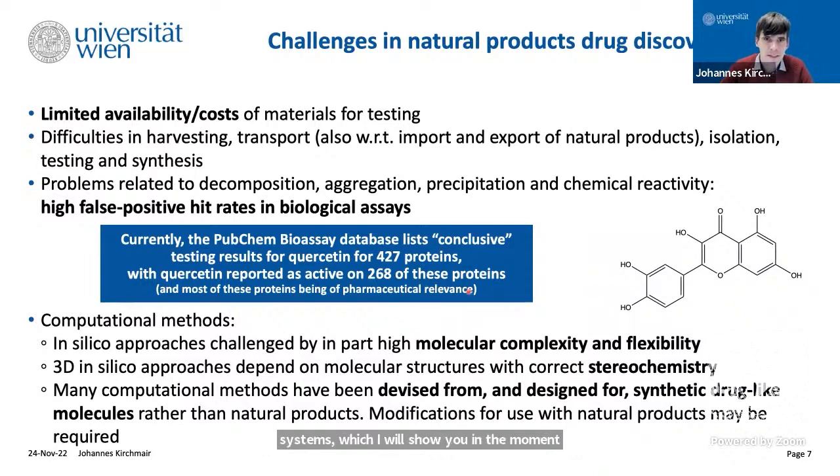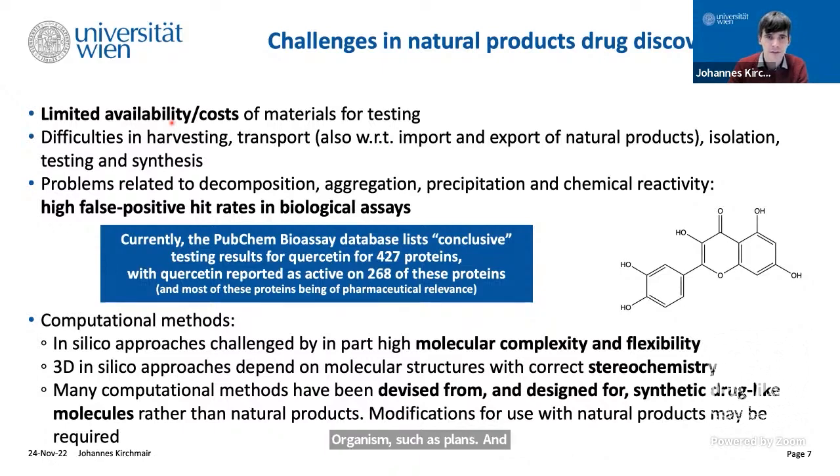So when we want to engage in natural products research, one of the bottlenecks is actually the limited availability or the costs of materials for testing. Just think about very simple things like, first of all, these interesting compounds may only be available in very low quantities in organisms, such as plants, and that's not enough.